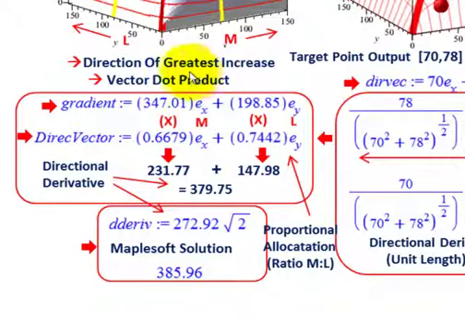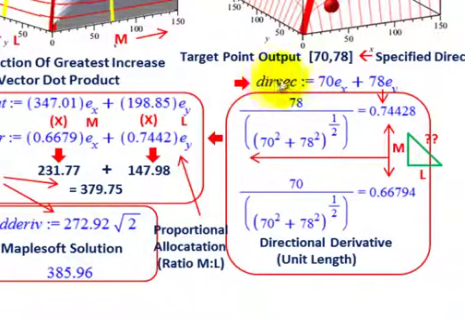So let's understand how we would calculate that. Our directional vector is those 70 units of material plus 78 units of labor, but we have to convert this directional vector into a unit basis before we can use it to determine our vector dot product.